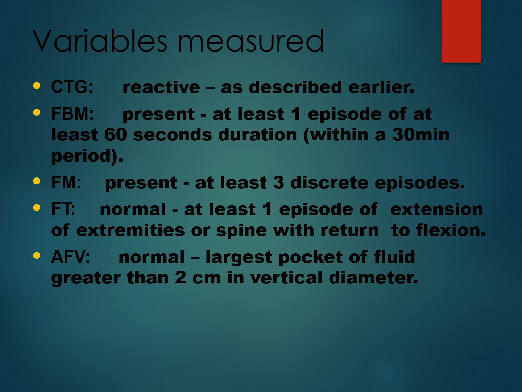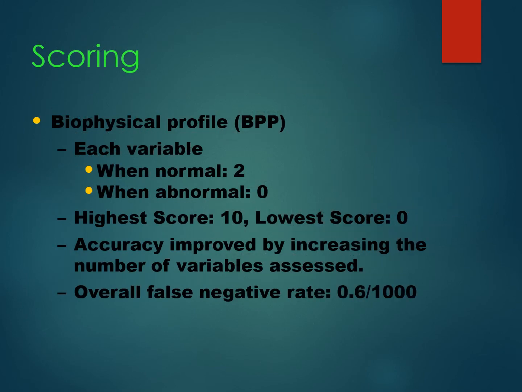Amniotic fluid volume, if normal, can be assessed with the amniotic fluid index or the single deepest pocket. A normal amount takes 2 points. So each one has 2 points, either 0 or 2. The highest score is 10, the lowest is 0.